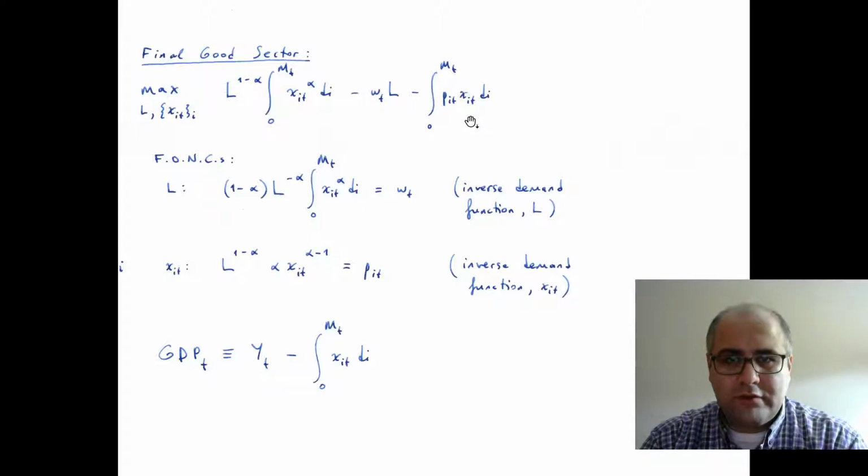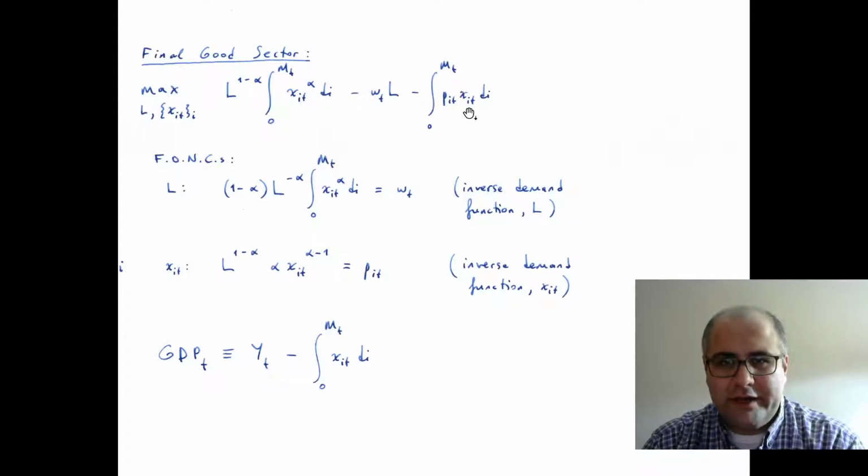Profit in the final goods sector for any typical firm. Again, this is a perfectly competitive sector, so you may imagine that there are firms distributed over the unit interval, for instance, and this is the total revenue. Then this is the cost for labor. W_t is the wage, L is the total mass of labor employed, and this is the total cost paid for the machines.